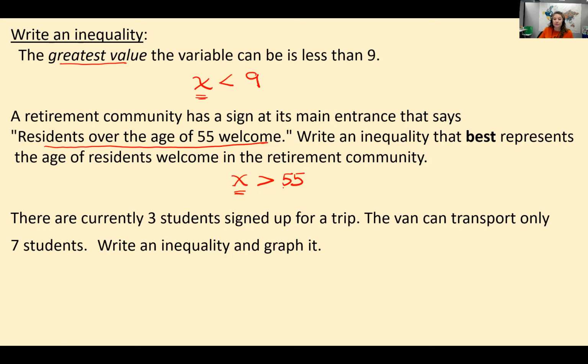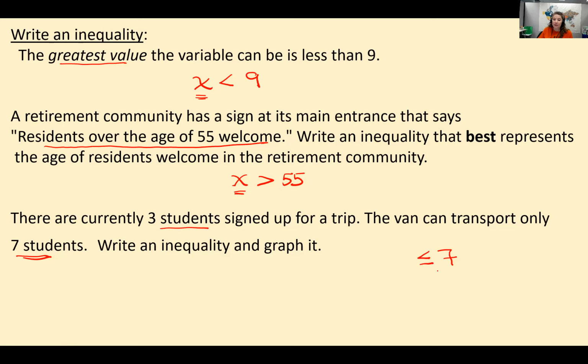All right, the last one says there are currently 3 students signed up for a trip. The van can transport only 7 students. Write an inequality and graph it. So if the van can transport 7, that means that the number of students has to be less than or equal to 7, right?